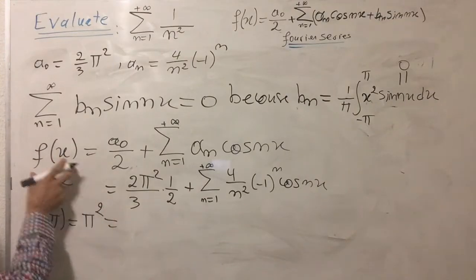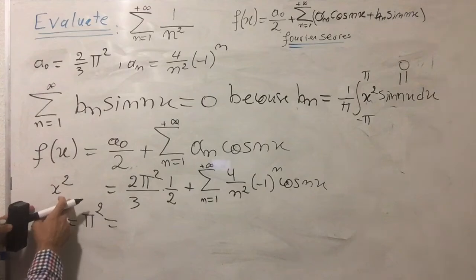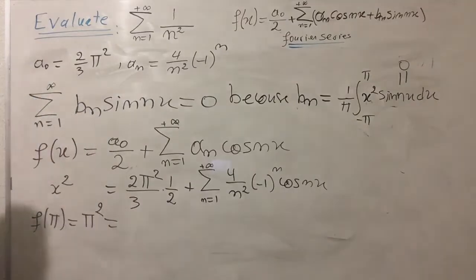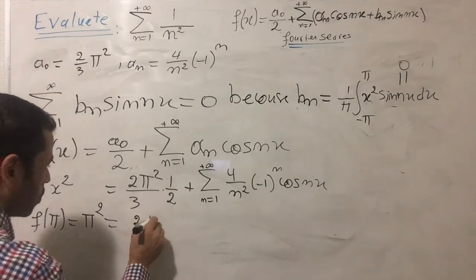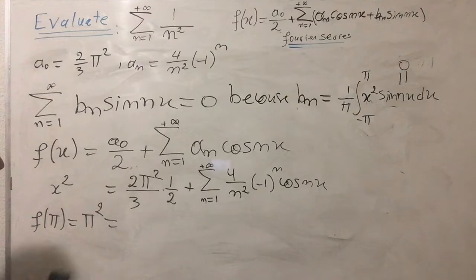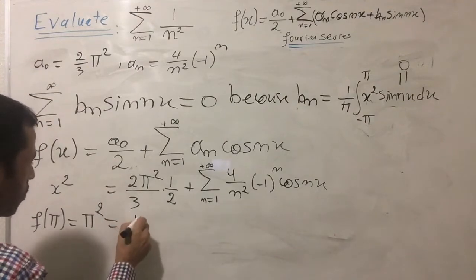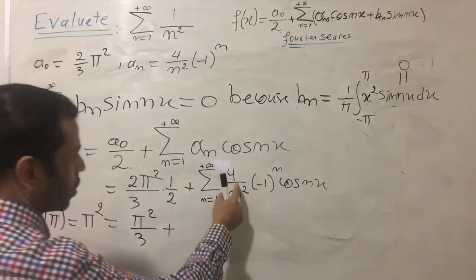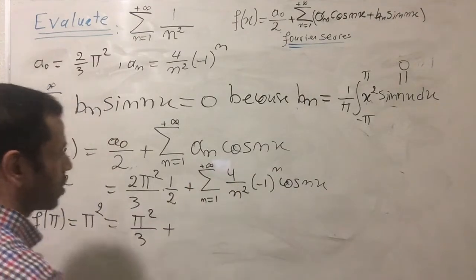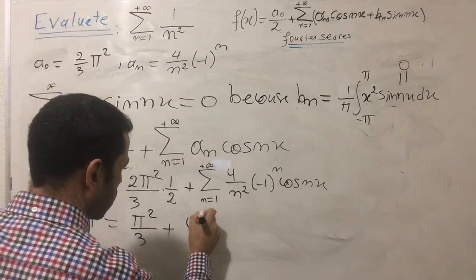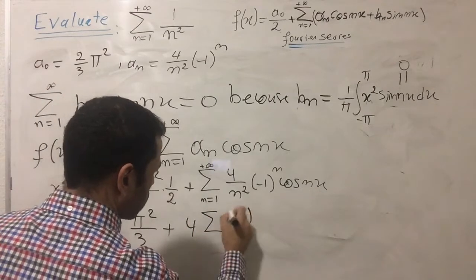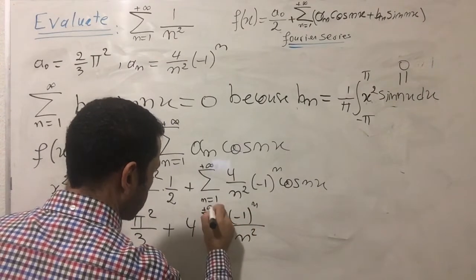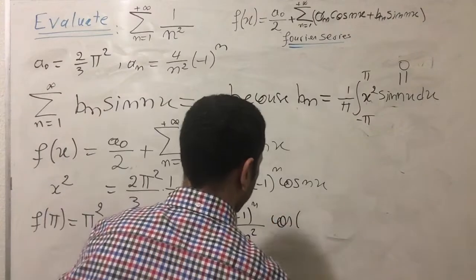At the same time, this function equals the Fourier series, since it is an even function. I'm going to cancel the 2 from numerator and denominator. I will have pi squared over 3 plus, taking 4 outside as a constant, 4 times the sum of minus 1 to the n over n squared, cosine n pi.